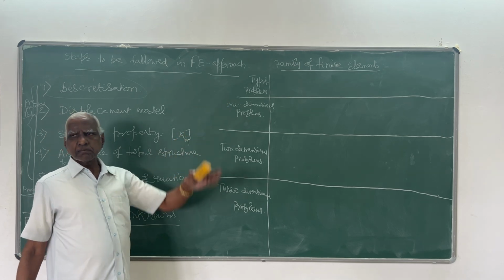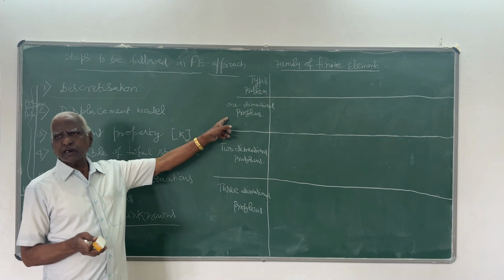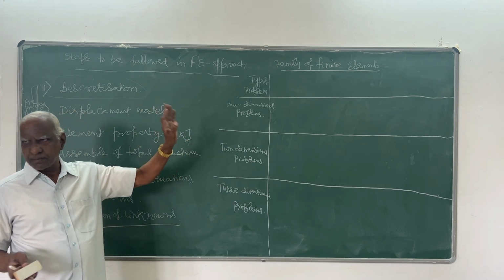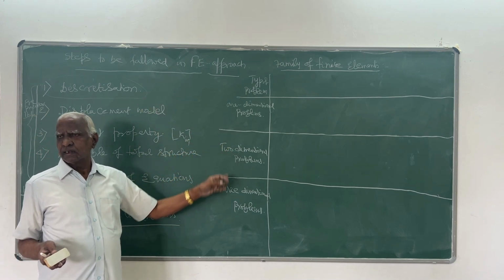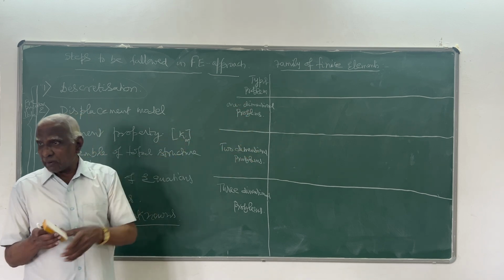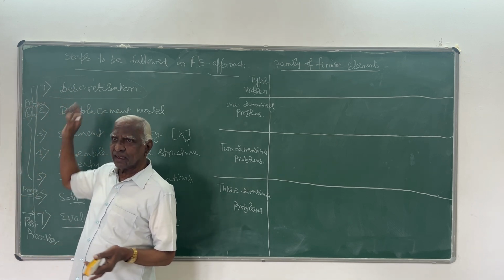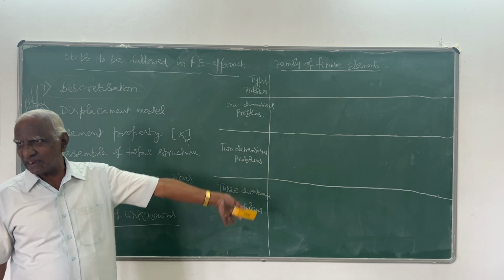So 1D problems are those problems or structures wherein the structure is made up of only line elements. Here area elements, here solid elements. So the elements by which the entire structure is divided, I am going to sketch here, that's all.